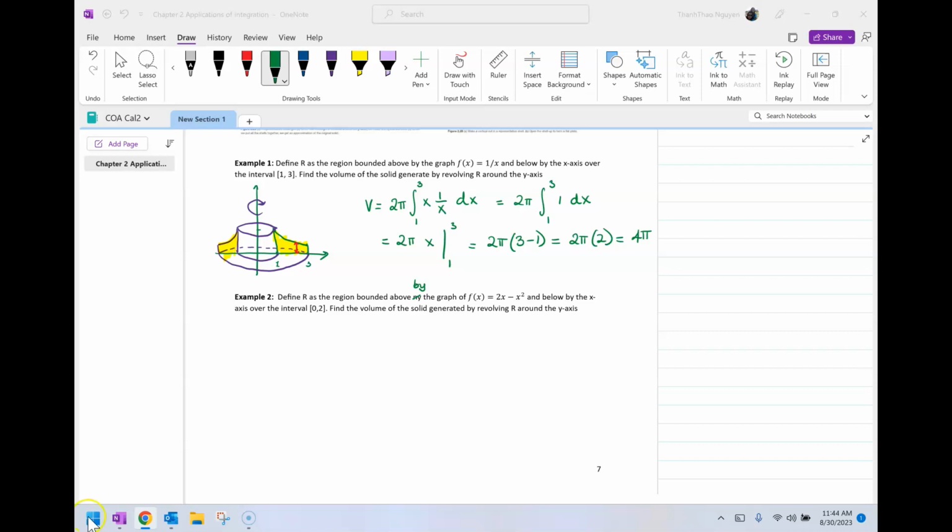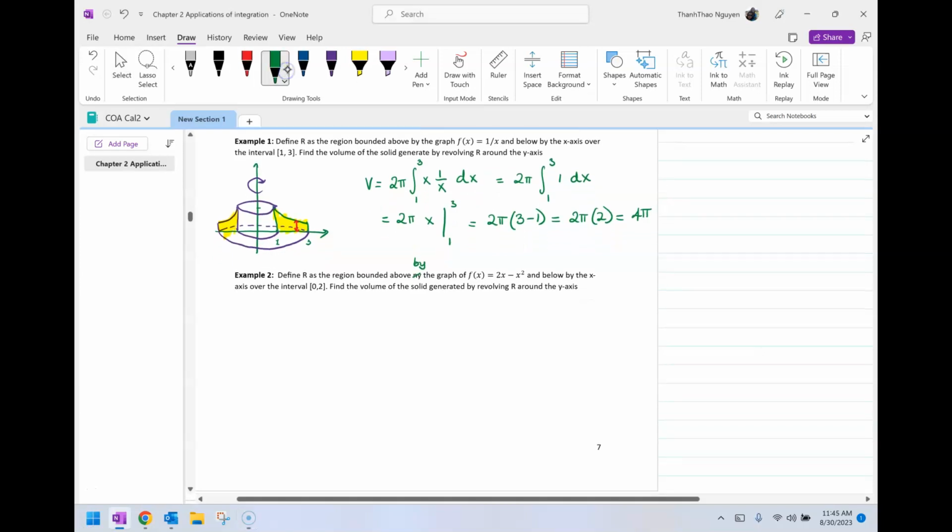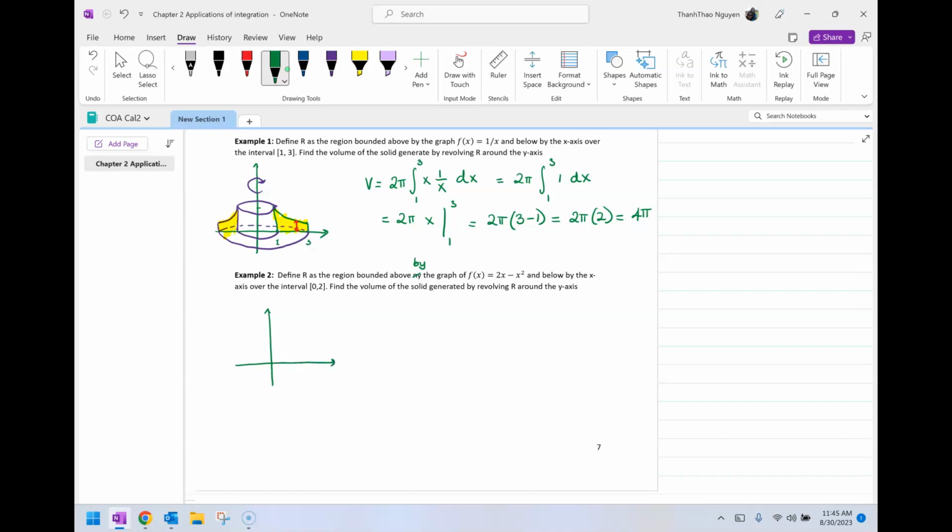Let's first get the region. f of x equals 2x minus x squared has x-intercepts at x equals 0 and x equals 2.